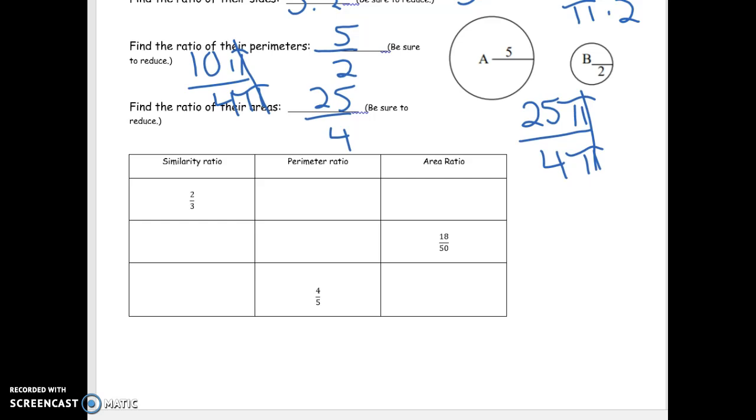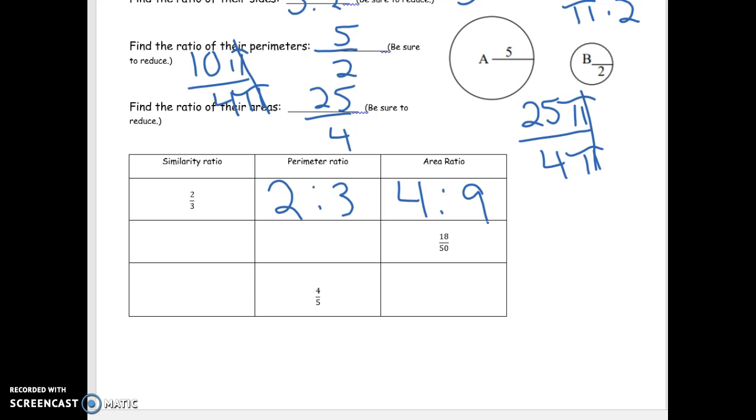You may have noticed the perimeter ratio stays the same. It is still 2 to 3. However, when we get to the area ratio, it's not the same, but there's a pattern. The pattern is we are squaring both the 2 and the 3. That means we end up with an area ratio of 4 to 9.